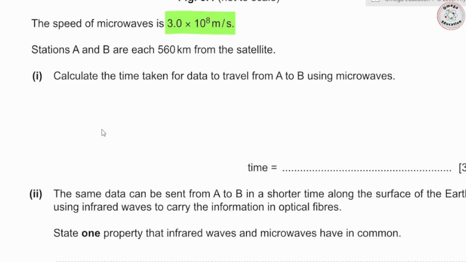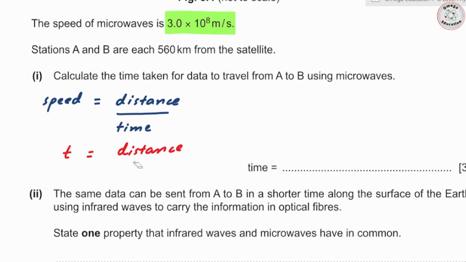We can rearrange it for finding the value of time, and time would be distance over speed. Distance can't be in the denominator.